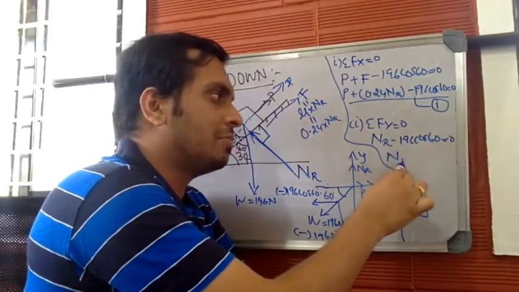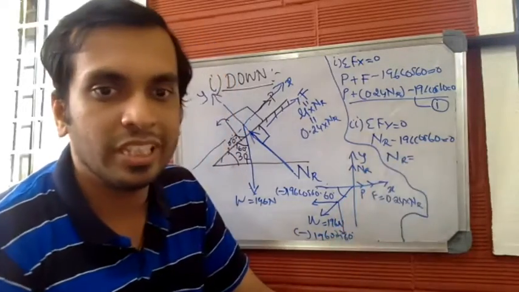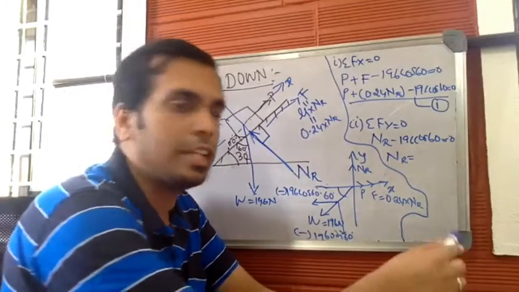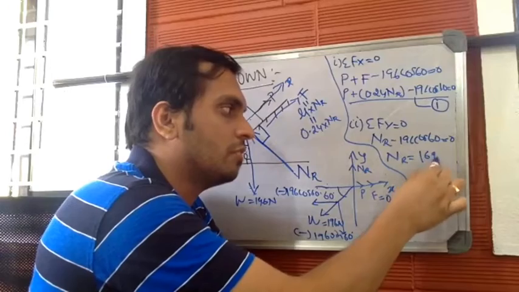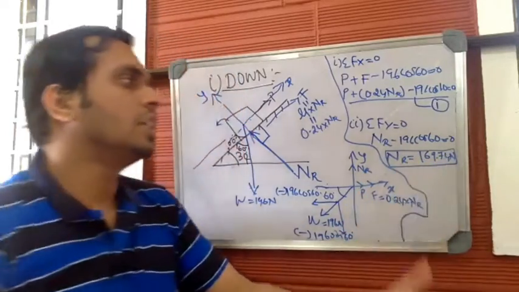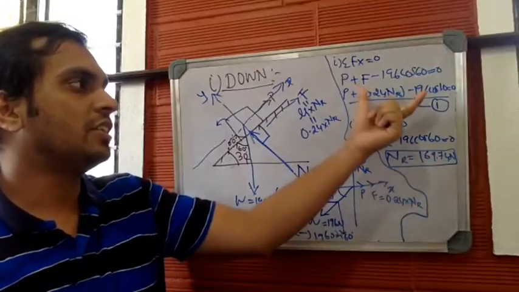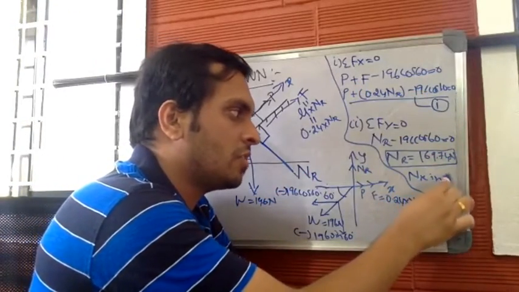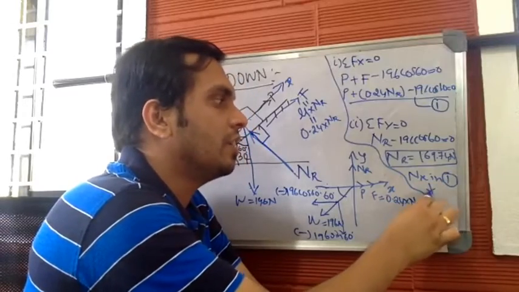So NR, the normal reaction, can be found straight away here, which is 196 cos 60, which is 169.74 newtons. You got the value of normal reaction. Now substitute the value of normal reaction in equation 1 to get the value of P.